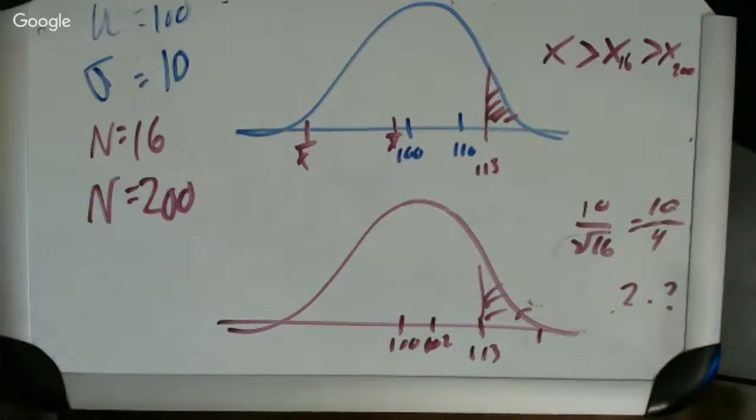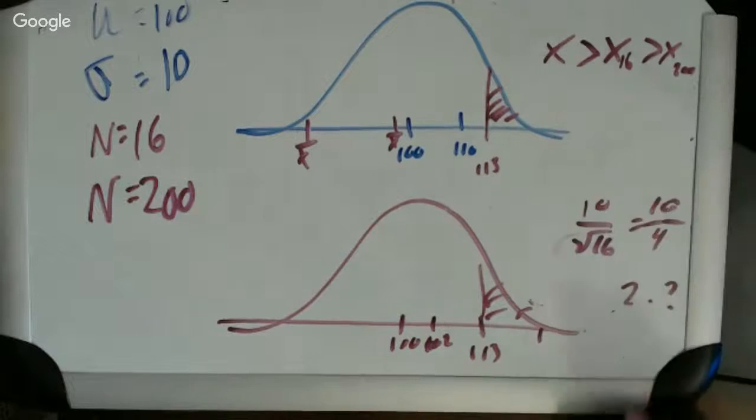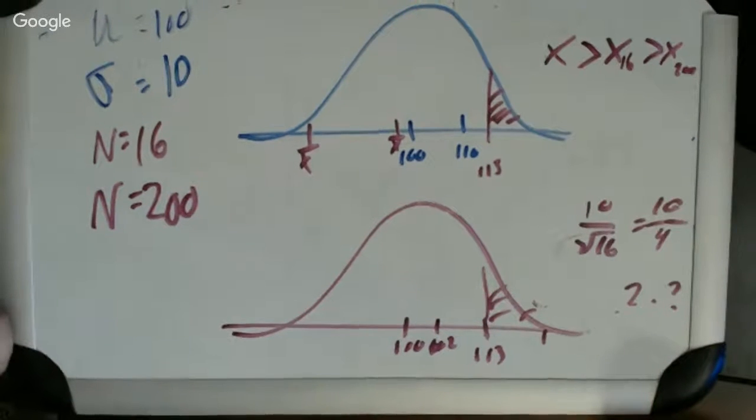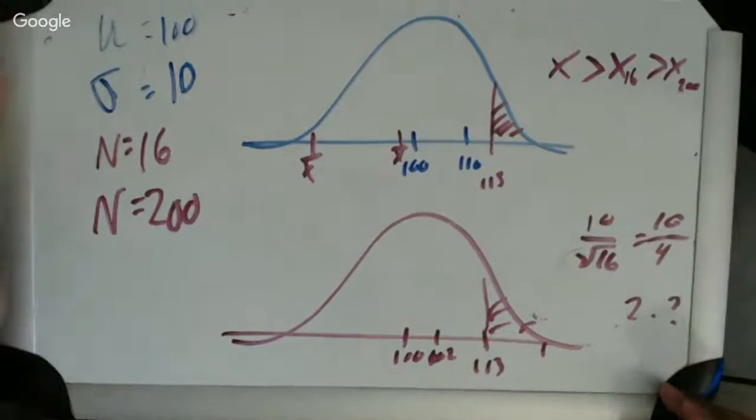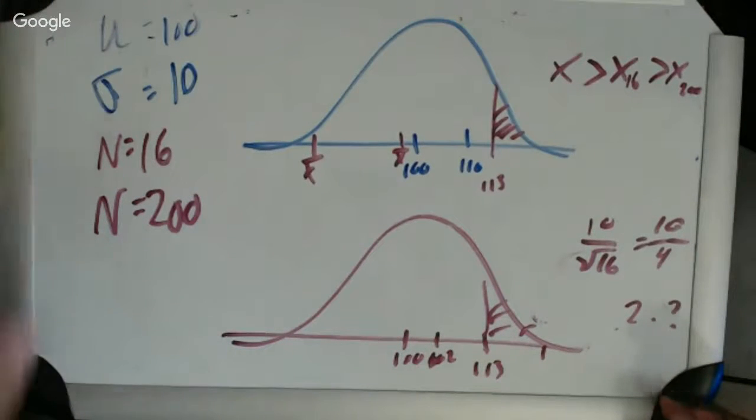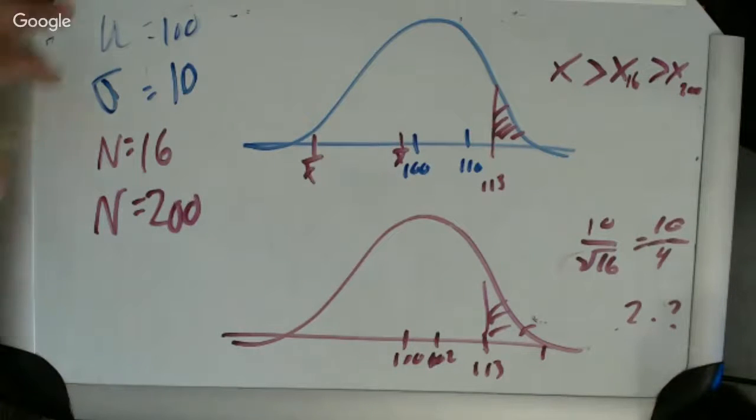We don't really know the population values, and there's more uncertainty there. And how do we deal with that case? Because here is the perfect case. If I knew everything about the population, I can pull 16 people out, do something to them, and see if I've affected them. But in the real world, we don't even know these population values. So we end up estimating both these things and comparing it to the estimate, and it gets sloppier. But in theory, this is the reason we're doing stuff like that.